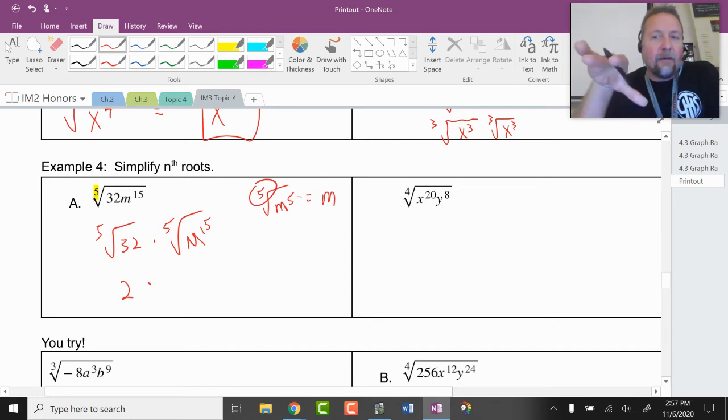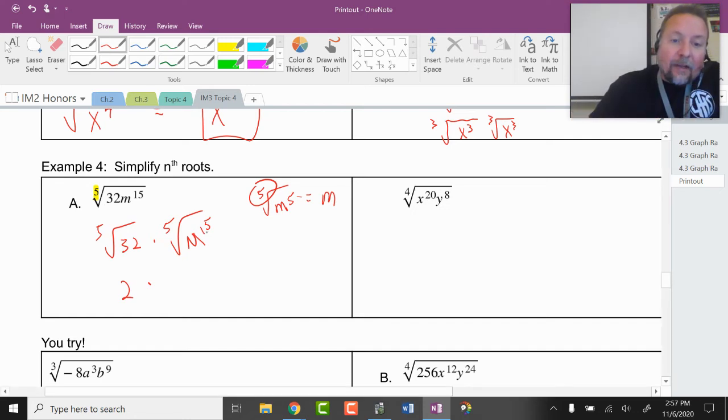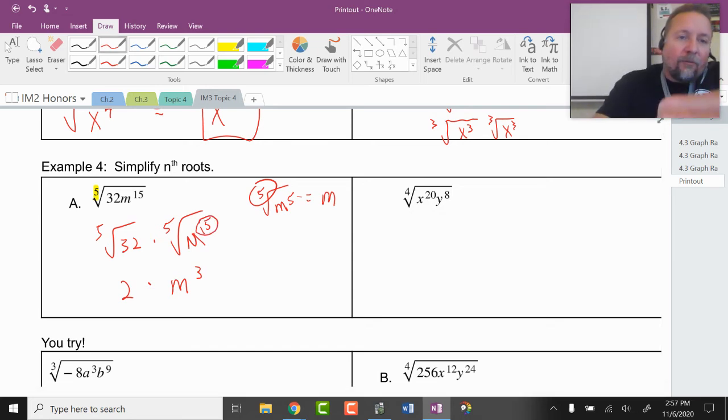If m is a negative number, it will be negative. Fifth root of a negative is a negative. That's what's behind all of this. But how many m to the 5th do I have? There's 3 of them. So you hopefully understand that this becomes an m to the 3rd free out of this. Maybe I'll write it this way, this being your first time seeing this.